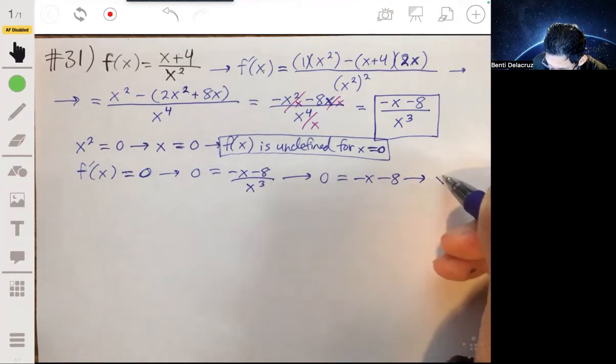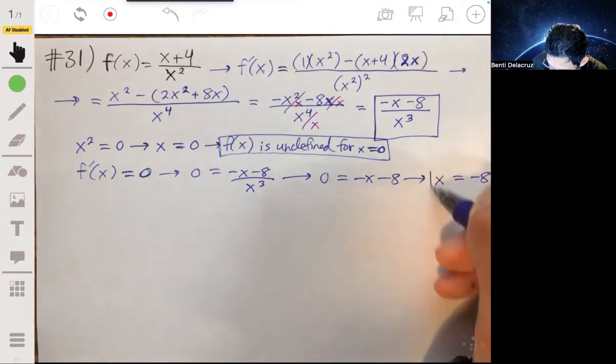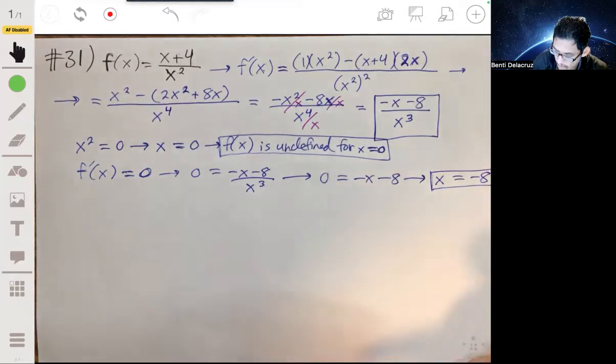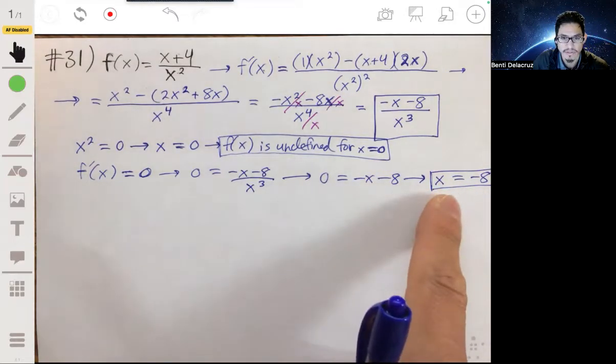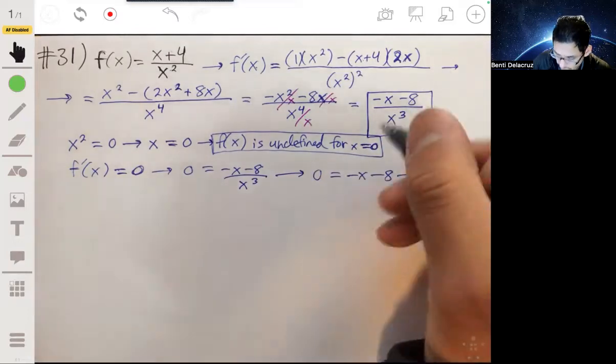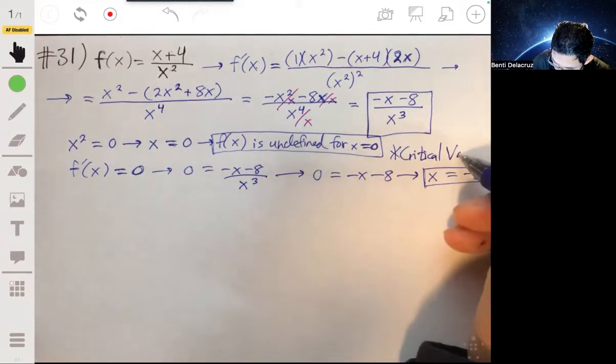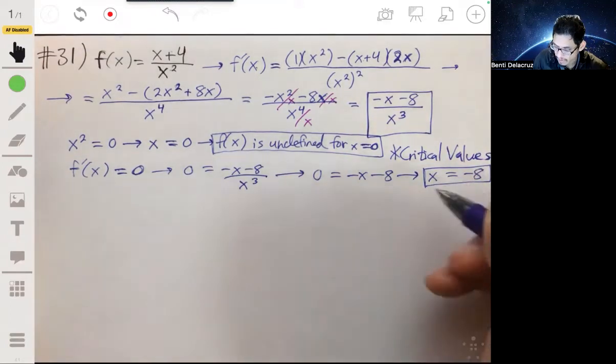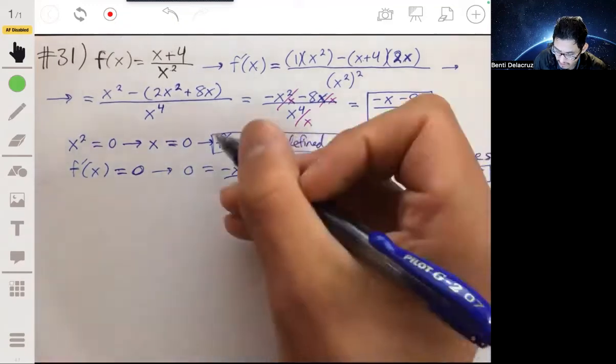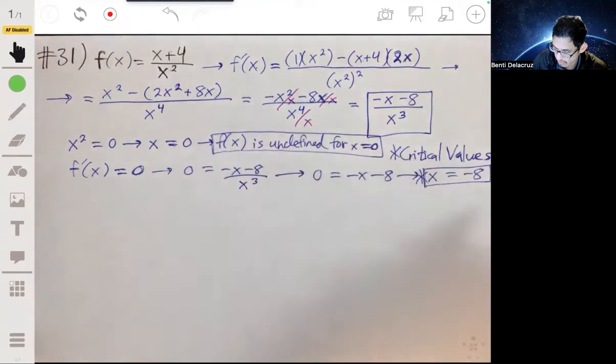Add x, we get x equals negative 8. And this will be a critical number as well. So we have two critical values: x equals negative 8 and then x equals 0.